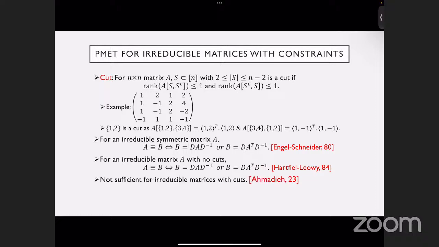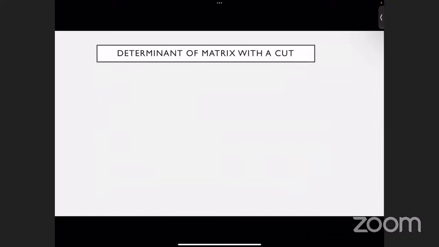And last year, Ahmadiyya showed that if a matrix has a cut, then she gave a procedure to generate another matrix which has the same principal minors, but is not diagonally equal to the input matrix or its transpose. And this construction follows from this idea. So given a matrix with a cut, now we'll discuss what its determinant is.